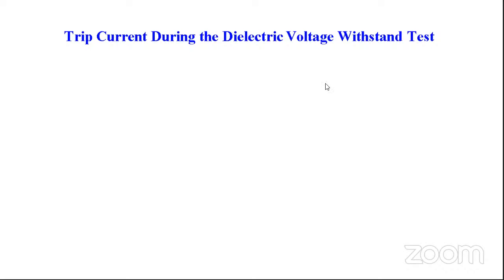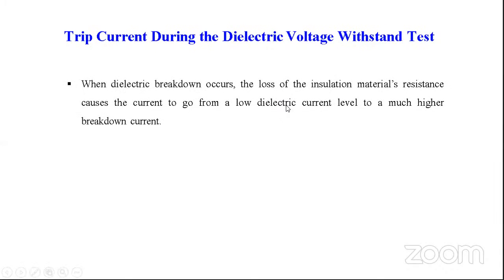Okay, today we'll start with trip current during the dielectric voltage withstand test. So what is the trip current? Trip current is basically when a dielectric breakdown occurs, the loss of insulation materials.